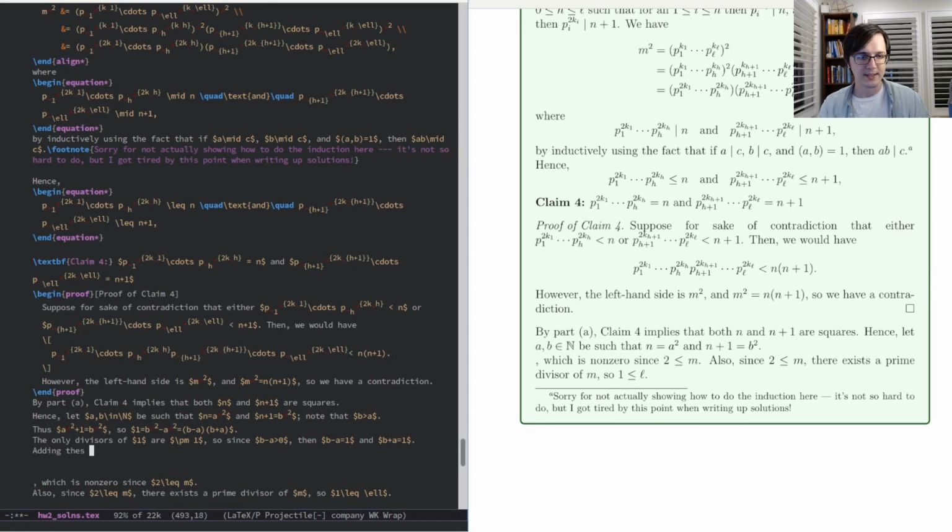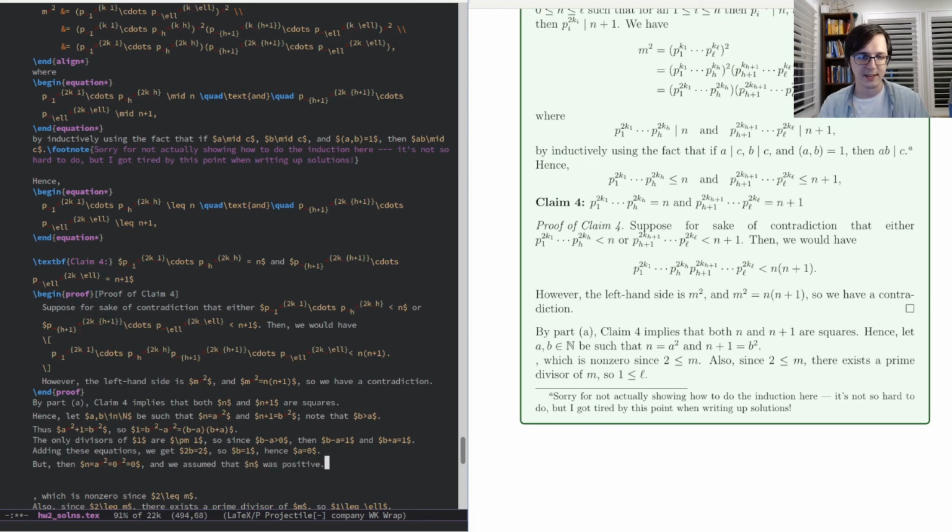Adding these equations, we get 2b equals 2, so b equals 1, hence a equals 0. But then n equals a squared equals 0 squared equals 0, and we assumed that n was positive.